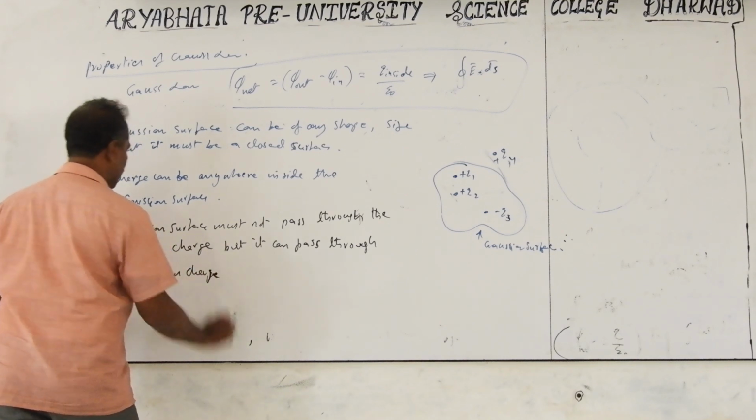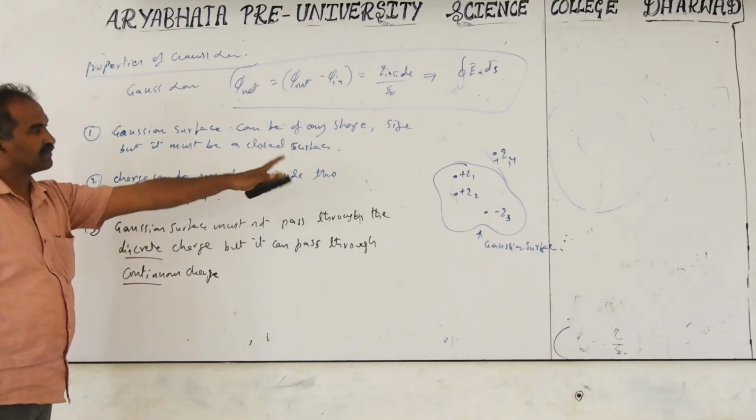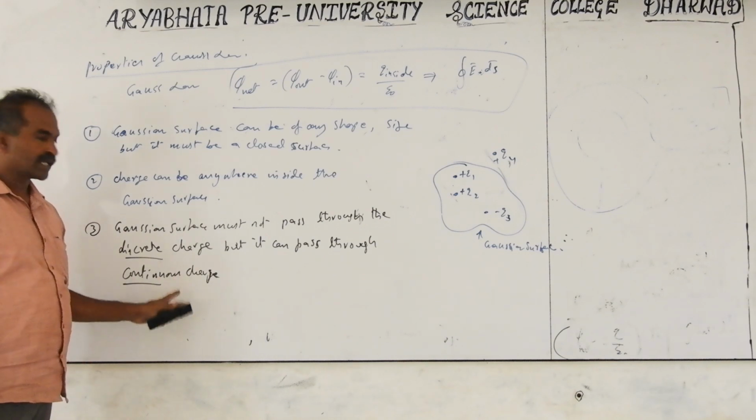Discrete means microscopic level; continuous means macroscopic level. We are applying it for macroscopic only. Diagrammatically we may mention it like that, but we are actually taking the macroscopic level.